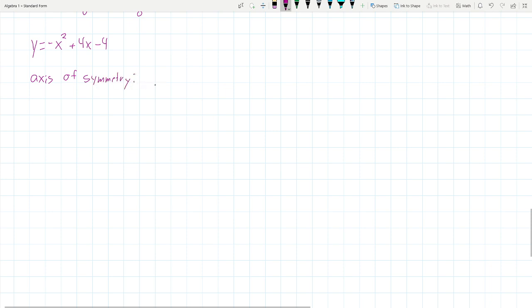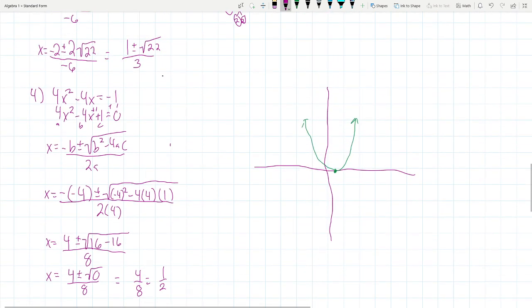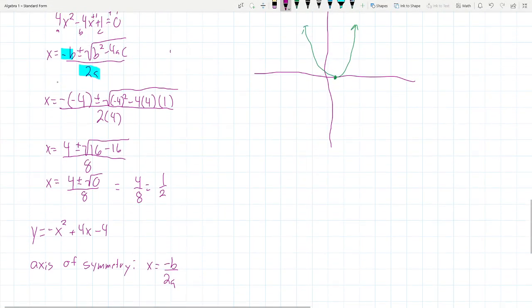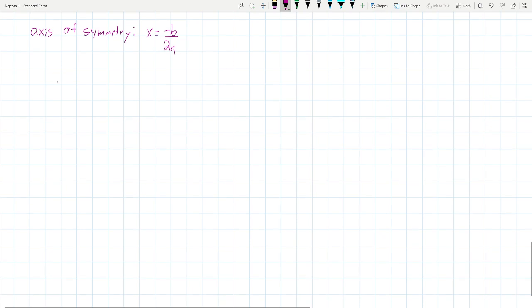you'll recall that to find our axis of symmetry, or our x value, we did negative b over 2a. Wait a minute, doesn't that look familiar? Doesn't that look a little bit like that? And it actually is, it does originate from this. And so you can actually work with that at a later time.